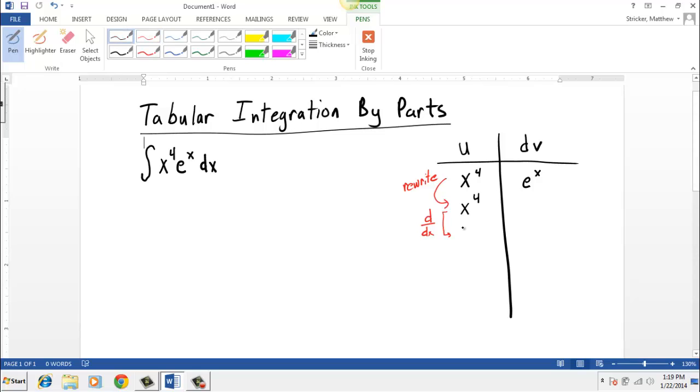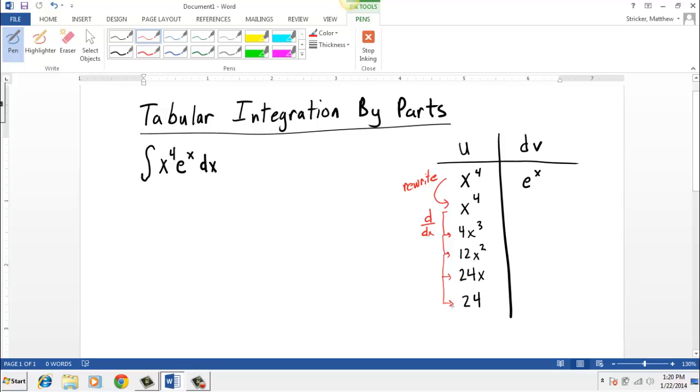So we do that, we get 4x to the third, and we do it again, we get 12x squared, and we do it again, and we get 24x, and then we get down to a constant here, we get 24. So we just repeatedly take the derivative.